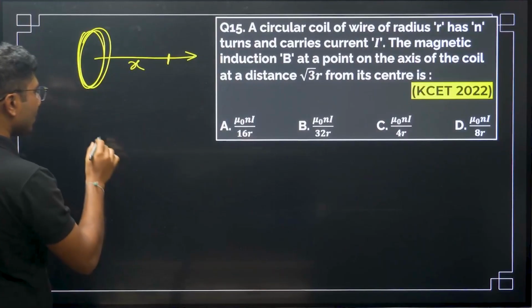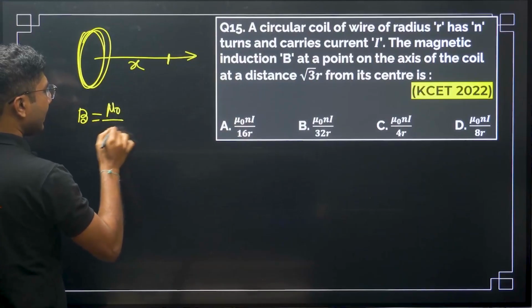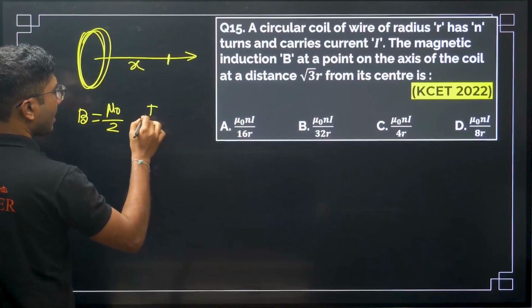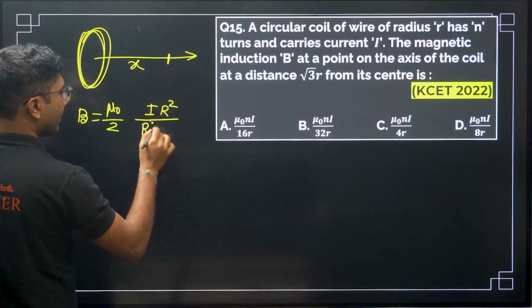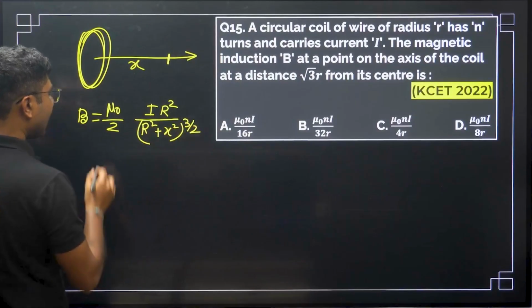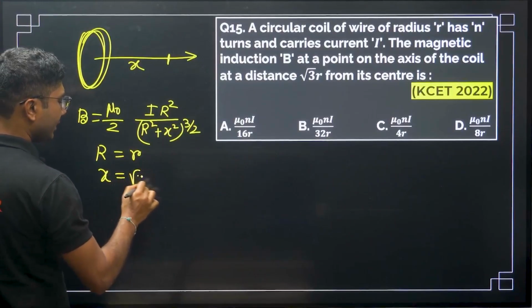So what is the formula for magnetic field? The formula is mu naught by 2, I R square divided by (R square plus x square) to the power 3 by 2. Now here R is small r and x is √3 small r.